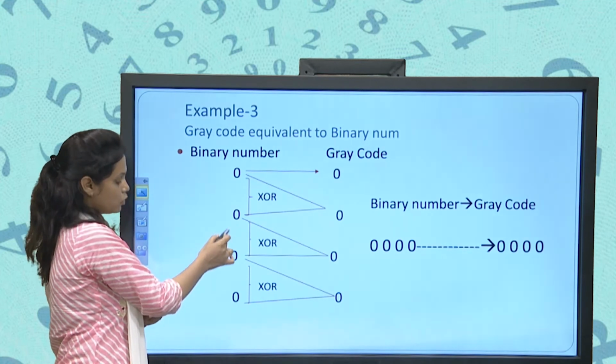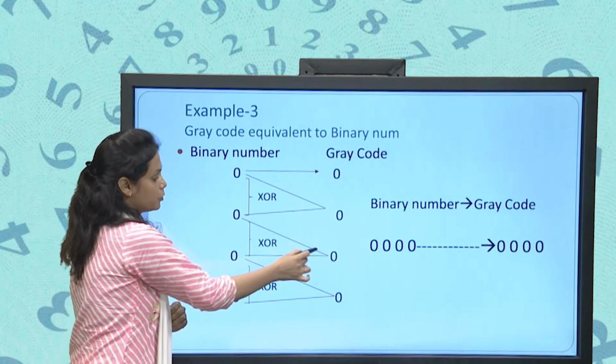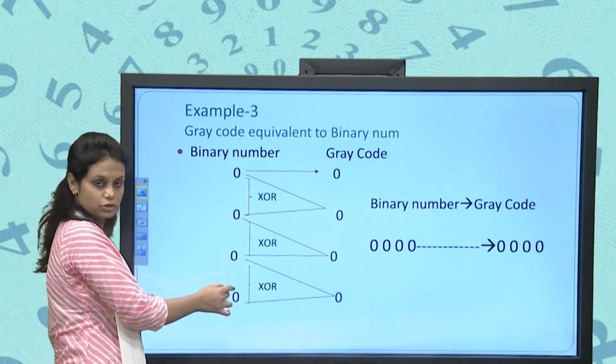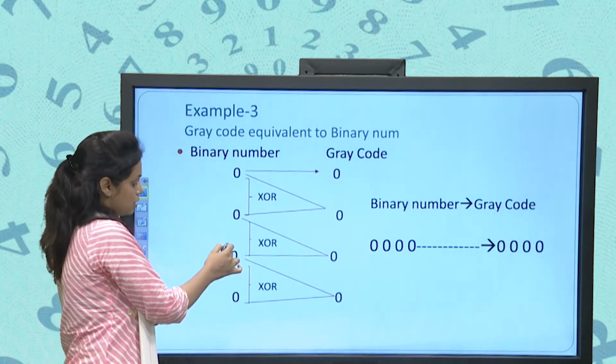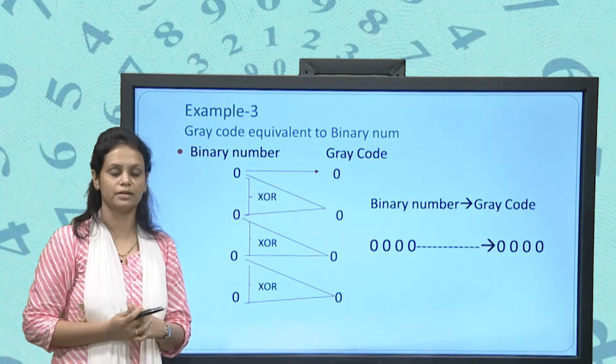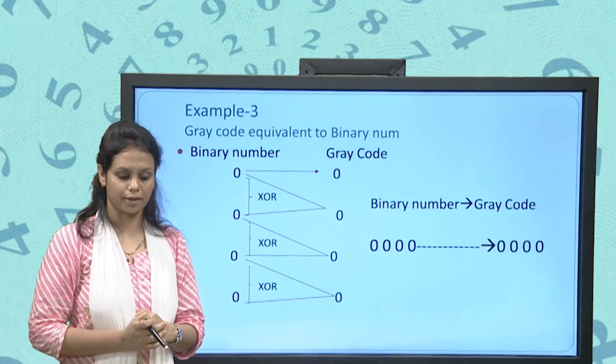Again we'll try to make the pair of these 2 bits. These 2 bits are same, so output is 0. Again we'll make the pair of the last 2 bits and we'll apply Xor. These 2 bits are same, so the output is 0, because if the bits are same, the output is 0, and if bits are different, the output is 1.